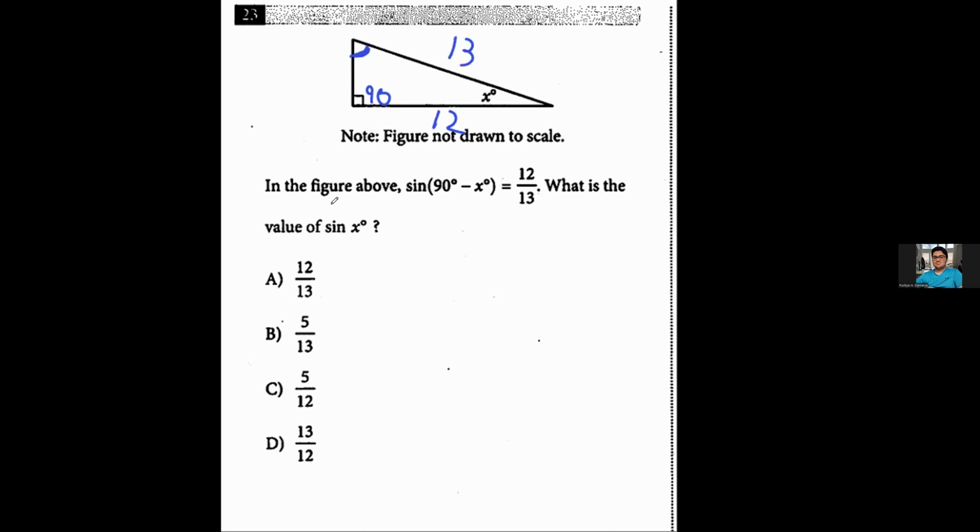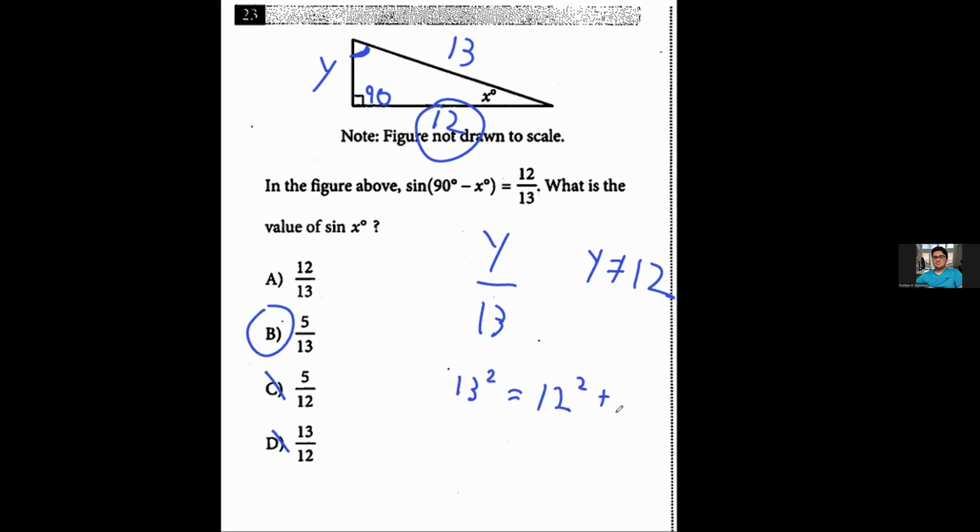And now we're asked to find the value of sine x. So sine x is opposite, let's call this value y, over the hypotenuse, which is 13. So we have y over 13, where y cannot equal 12, because 12 is this value here. A way we can find y is doing 13 squared equals 12 squared plus y squared.